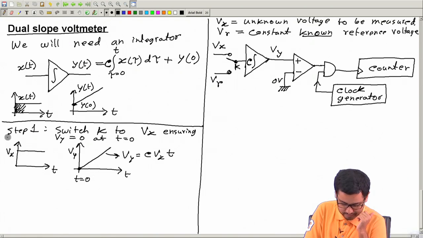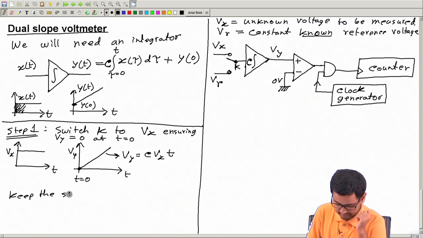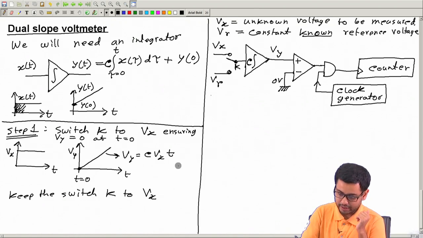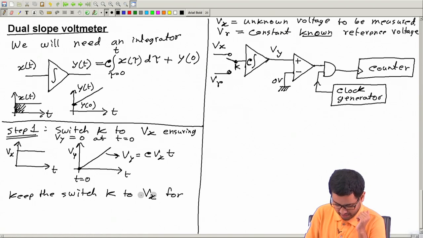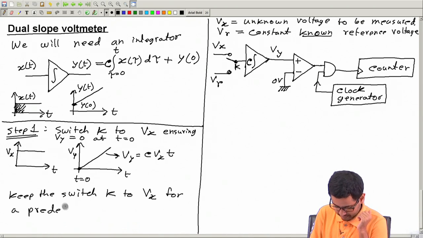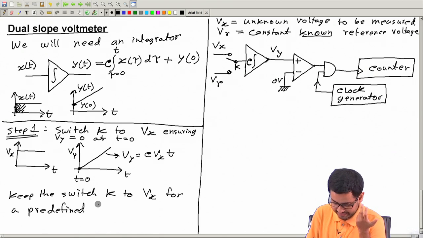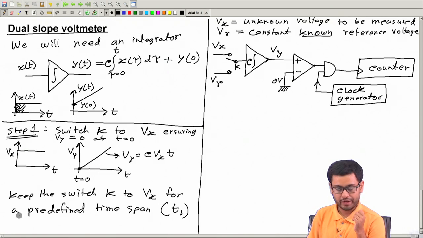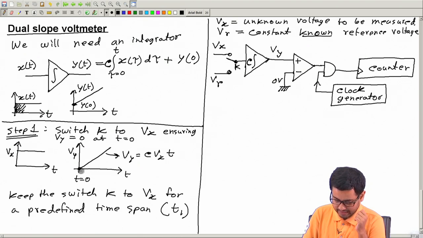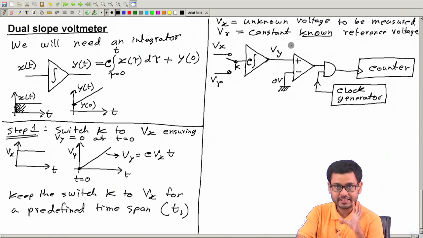Now keep the switch K to Vx, that means here, for a predefined time span, call it t1. So let this output increase only for time t1.